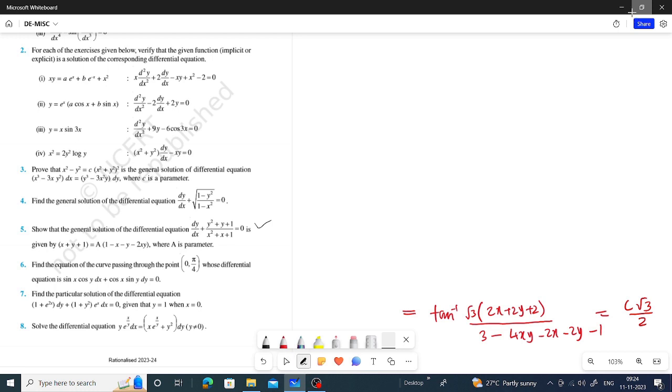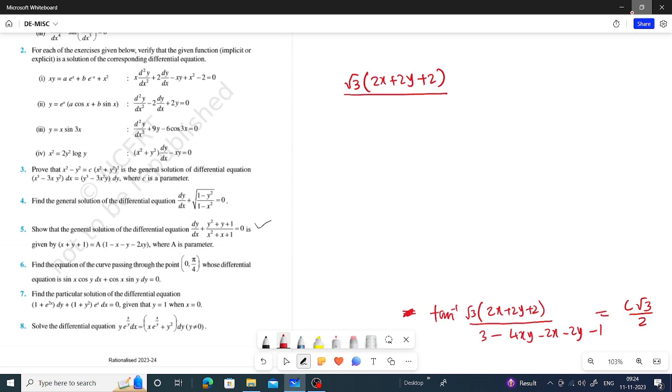Tan inverse is equal to this much. So this tan inverse, let us bring there. So root 3 into 2x plus 2y plus 2 divided by 3 minus 1.